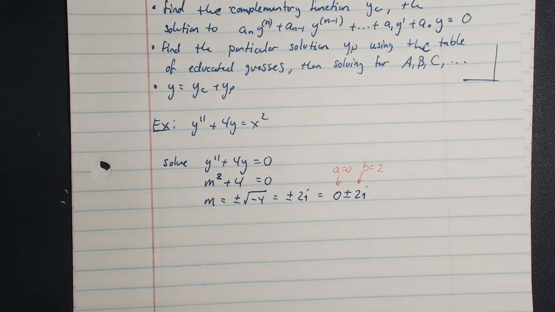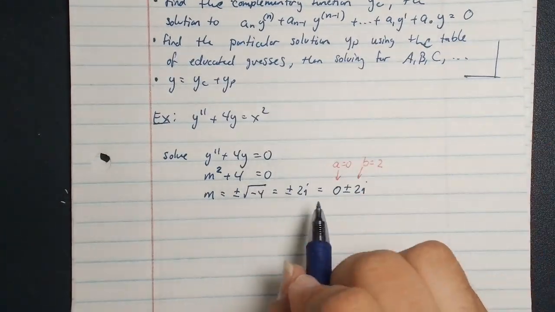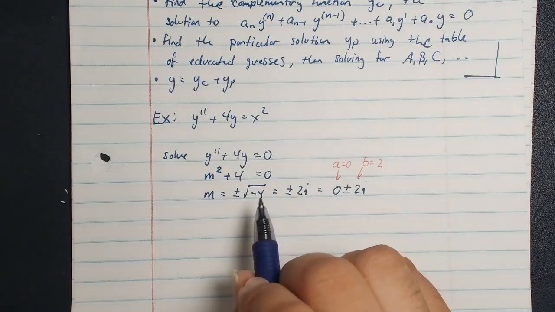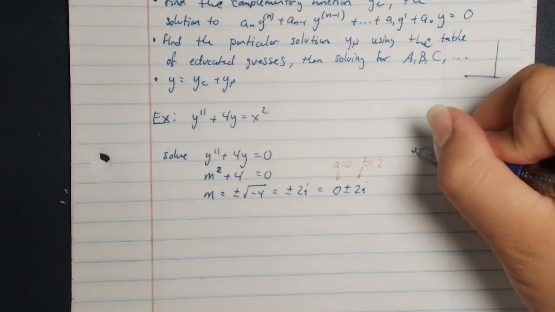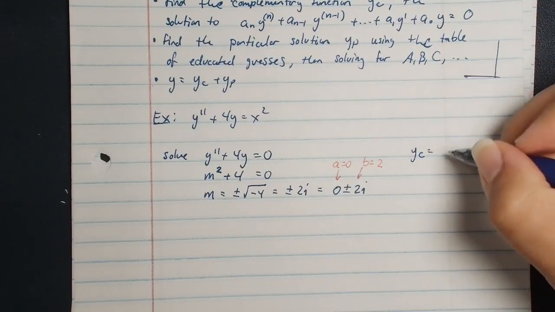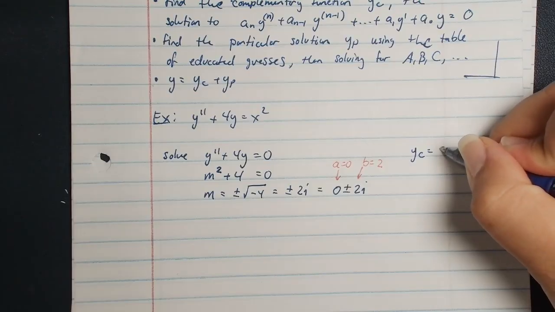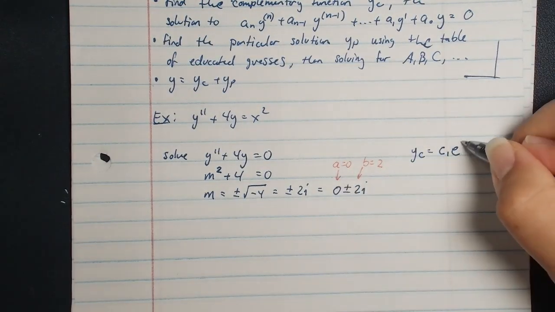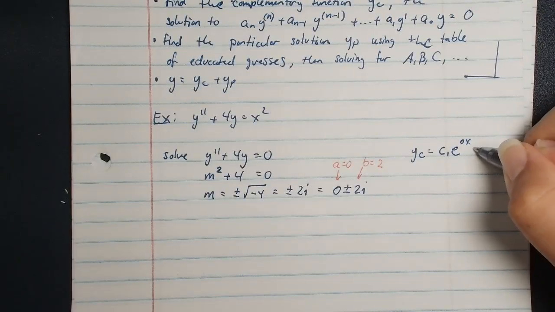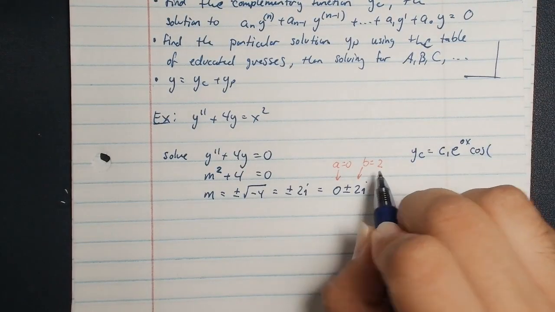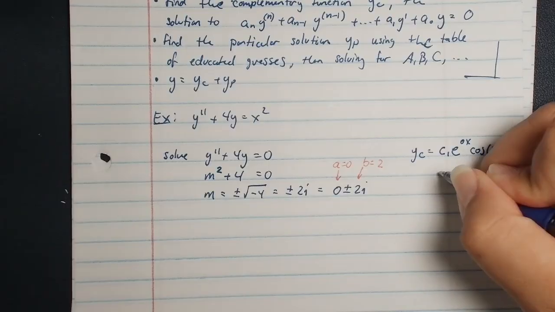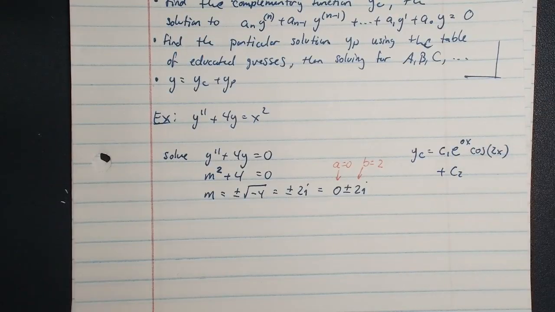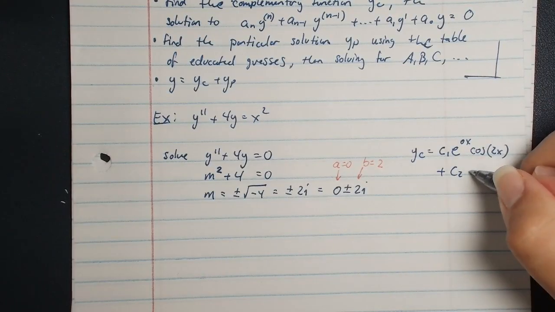So now thinking back to our previous section, we can now write our solution to this, our y sub c, as, let's see, it's going to be c1 e to the real part. So that's going to be 0x times cosine of the imaginary part times x, plus, and then the exact same thing, but with sine instead of cosine.